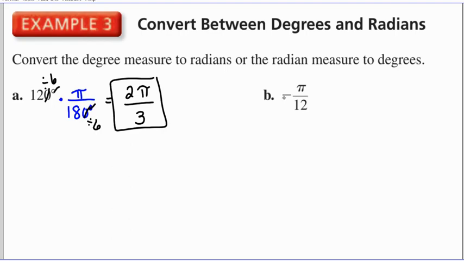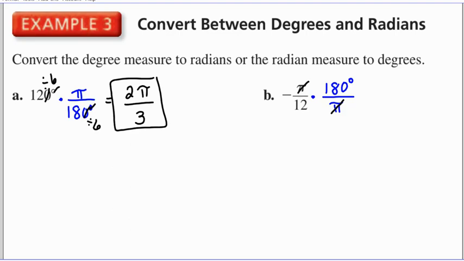So we have negative, which means we're going down from our initial side, pi over 12. I want to multiply that by 180 degrees over pi. Now you'll notice here, pi cancels out pi, in the numerator and the denominator.